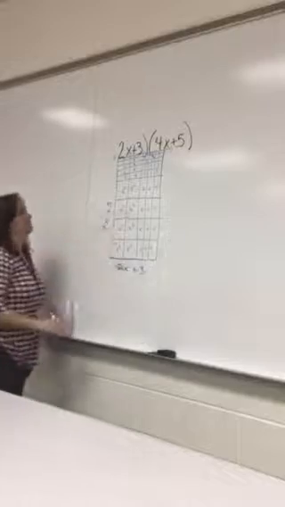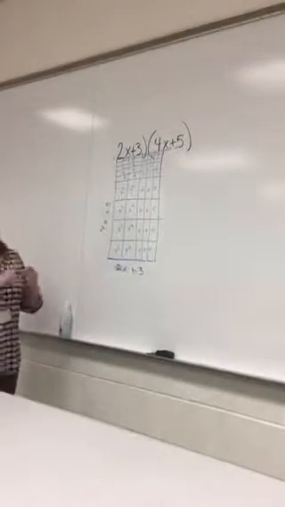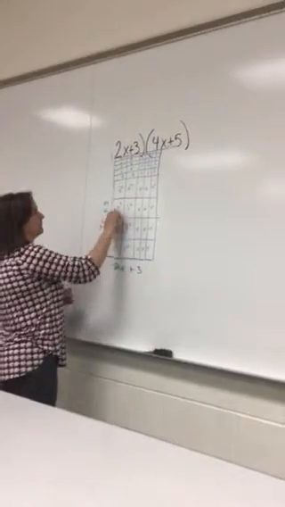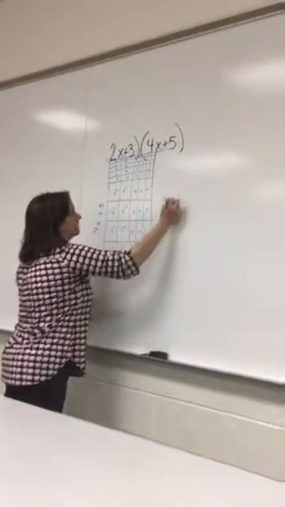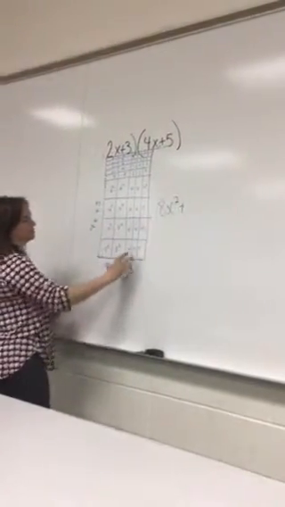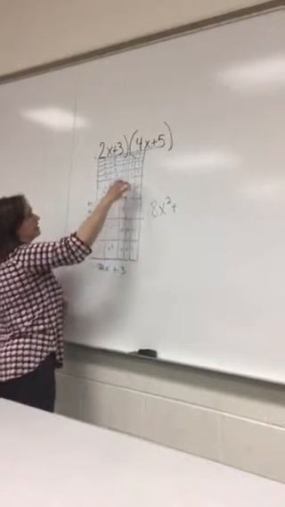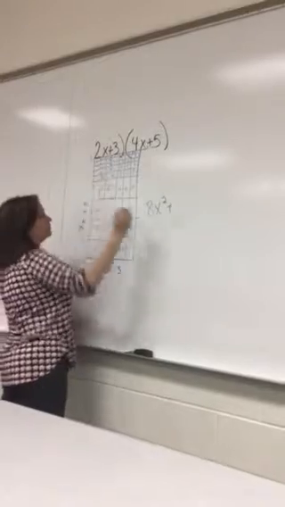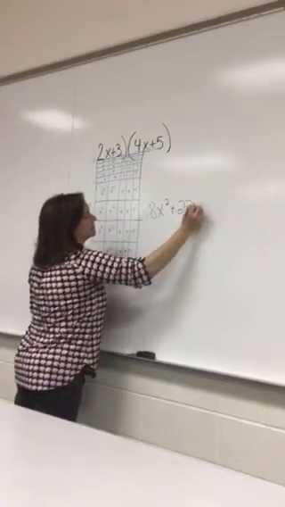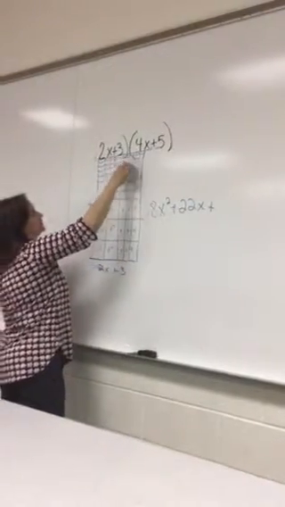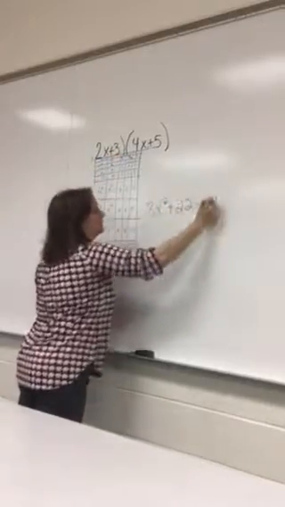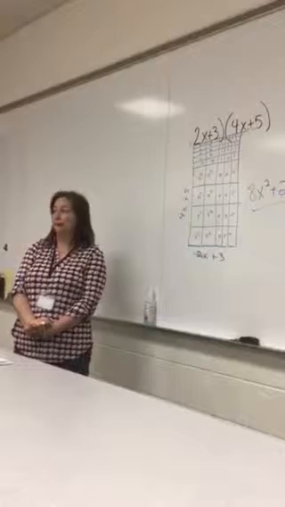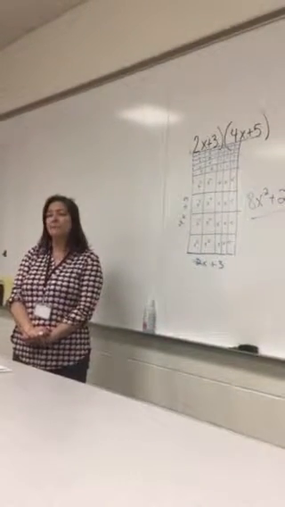So final answer, if I multiply 2x plus 3 times 4x plus 5, I'm going to end up with 8 x squared plus 22 x's plus 15, and that would be my area as a sum. Okay? Questions on that?